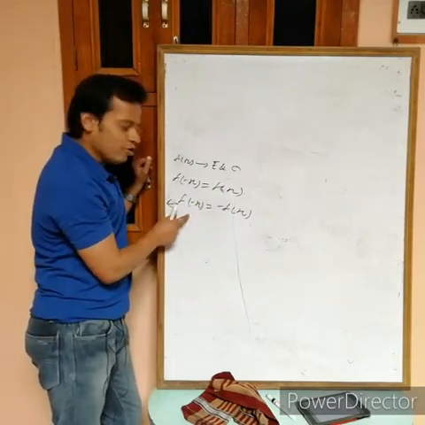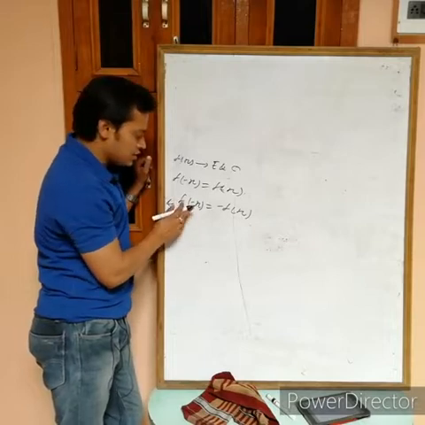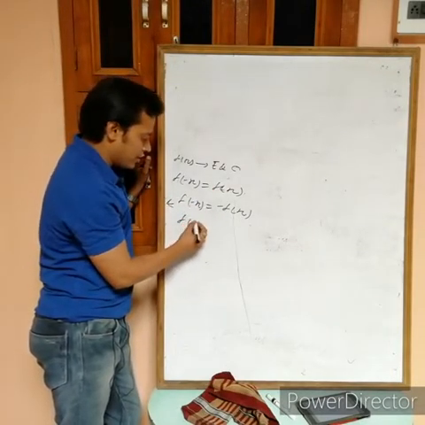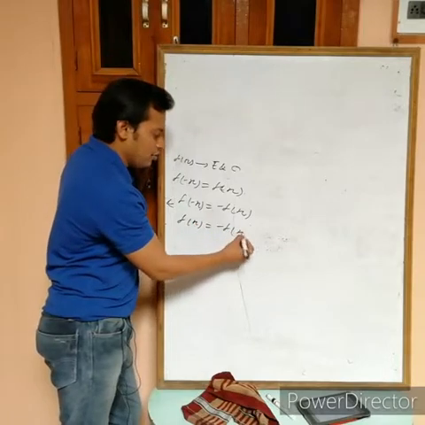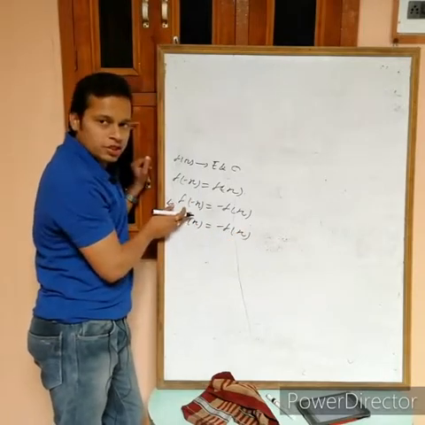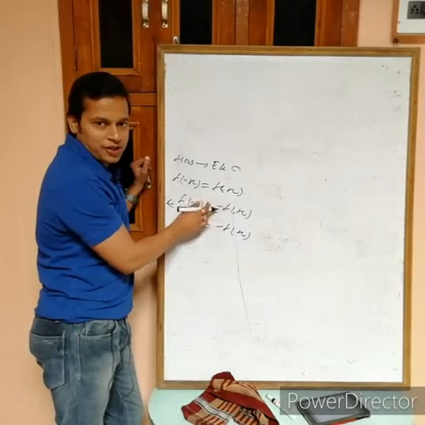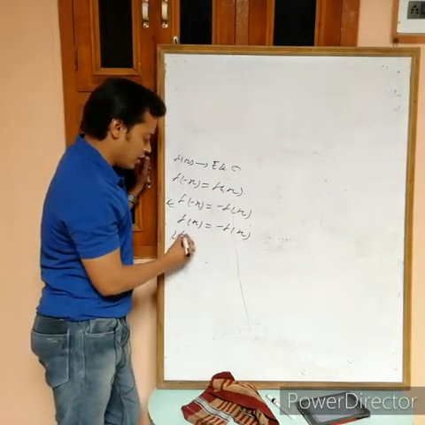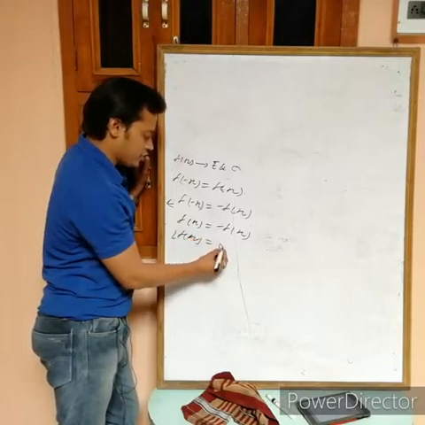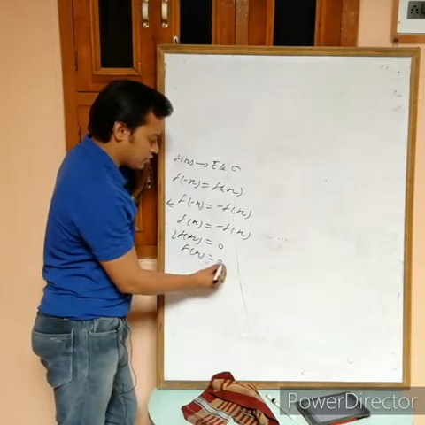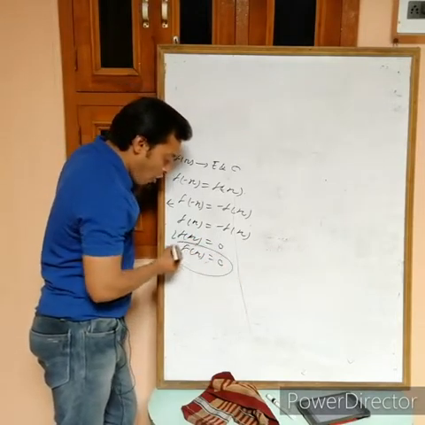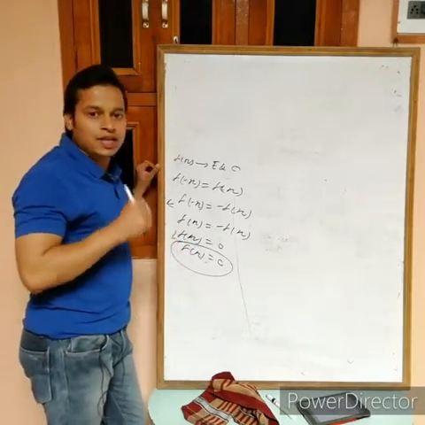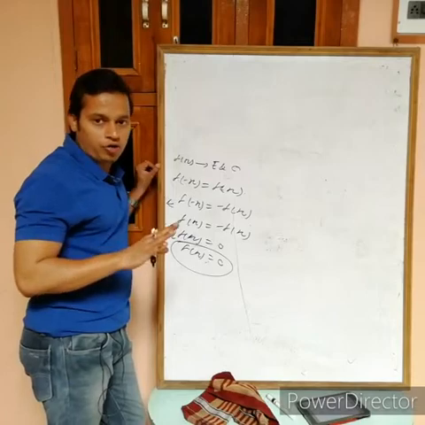Both are the value of f(-x), so this f(-x) can be written as f(x) equals -f(x). Now take -f(x) to this side: 2f(x) equals 0, so f(x) equals 0. So this is the only function which is both even and odd at the same time.